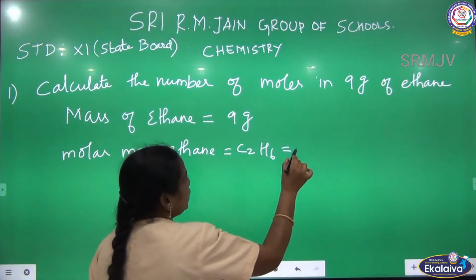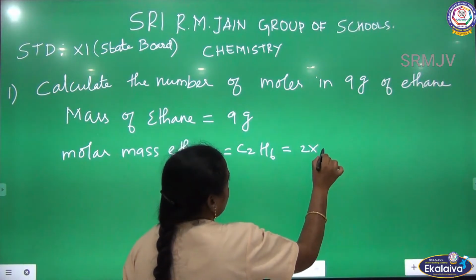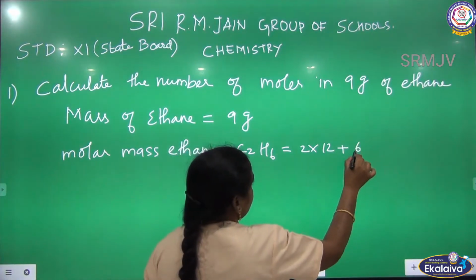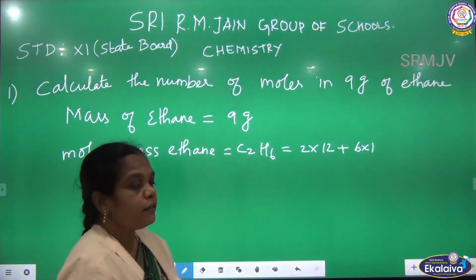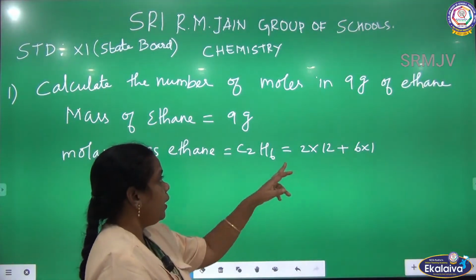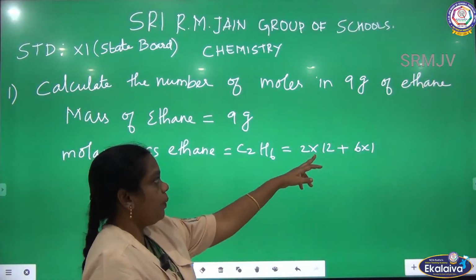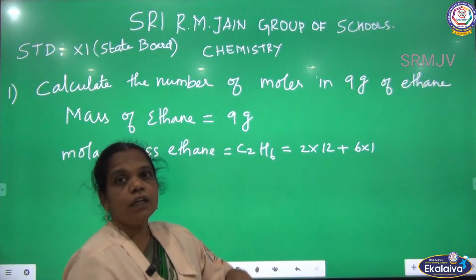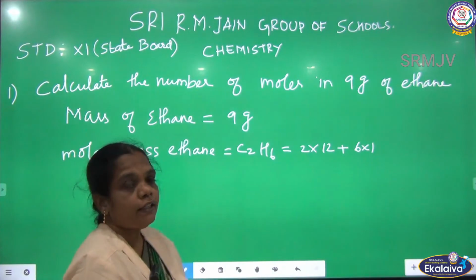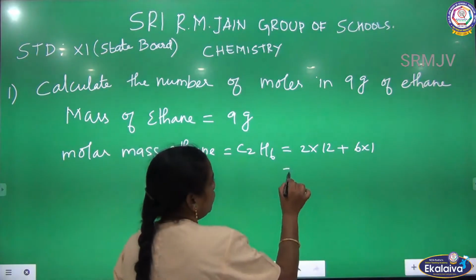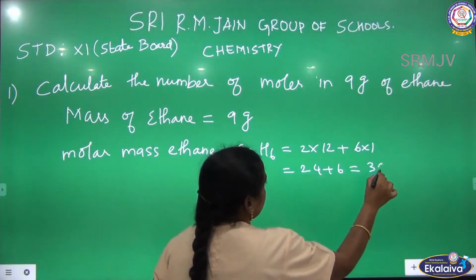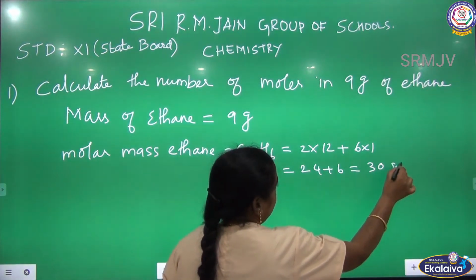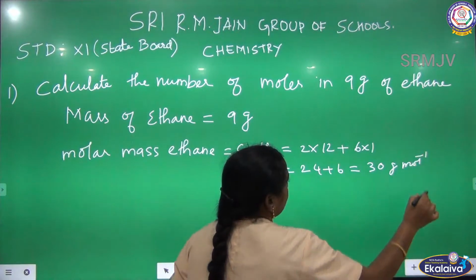In this, 2 into 12 plus 6 into 1. So 2 carbon and 6 hydrogen. Atomic mass of carbon is 12 and the mass of hydrogen is 1. So 24 plus 6 equal to 30 gram per mole.